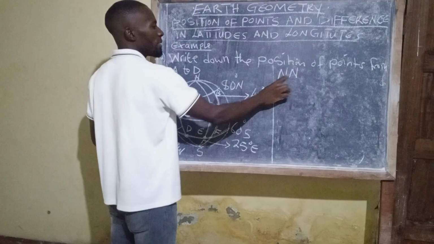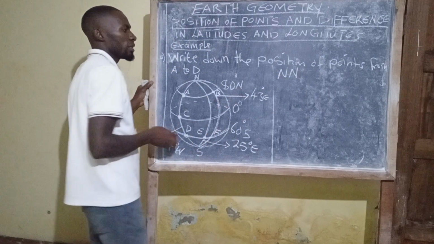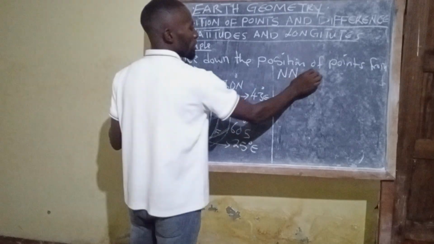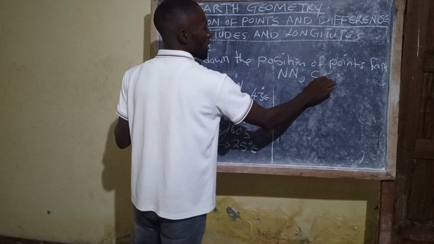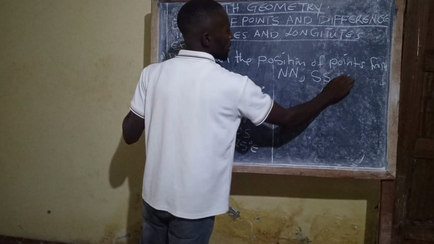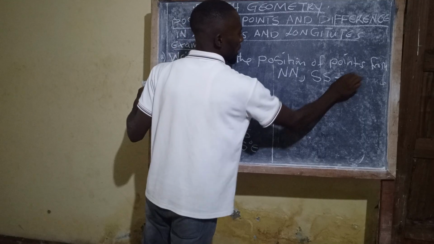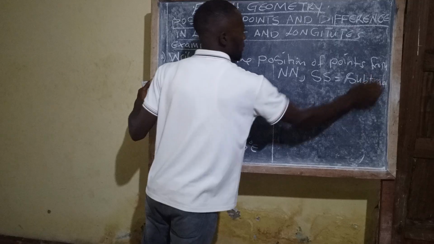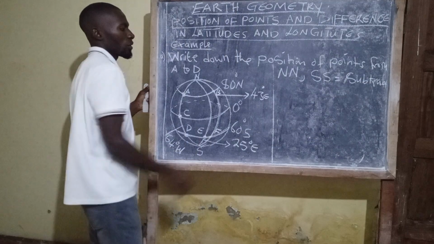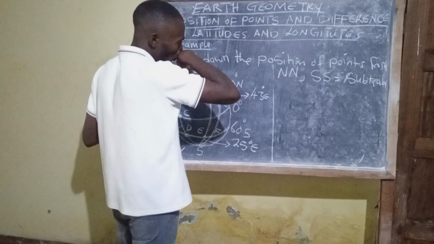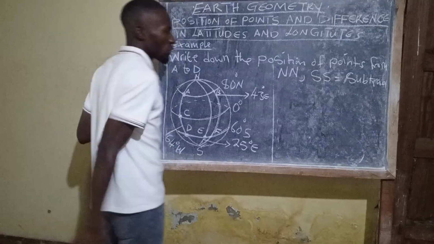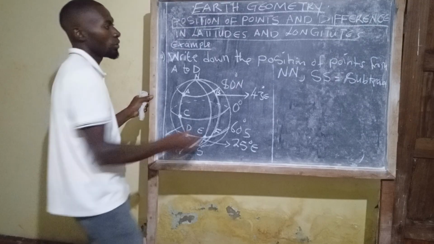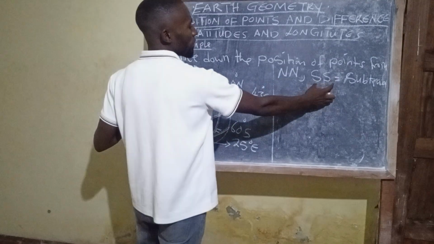So the simple analysis that you should know is that when we are dealing with positions that are in the same hemisphere, in north-north or south-south, what do you have to do? You have to subtract the latitudes. North-north is the latitude, south-south they are also latitudes, and they are both in north-north or both in south-south.